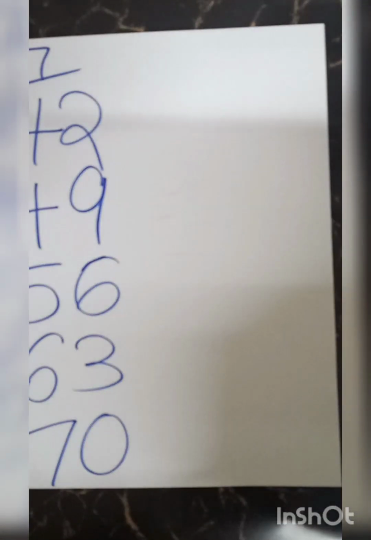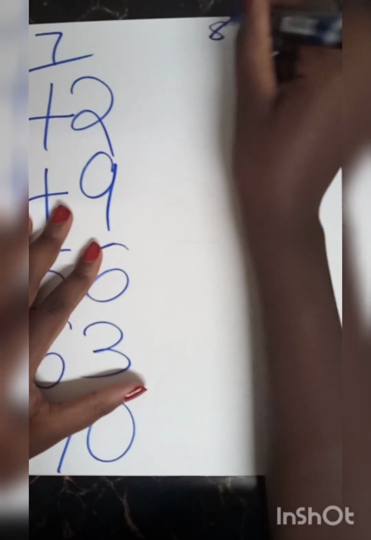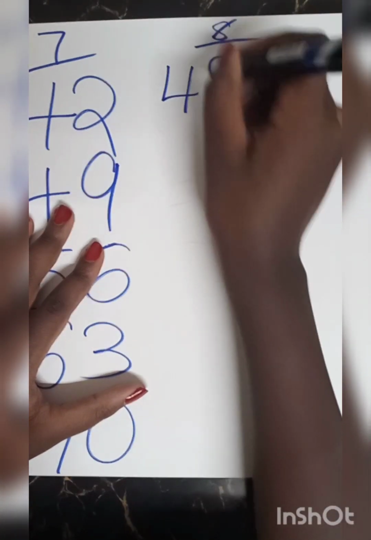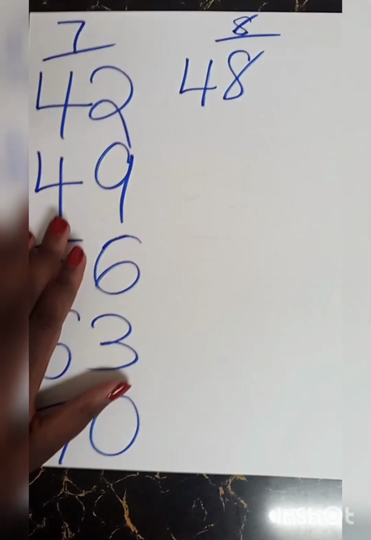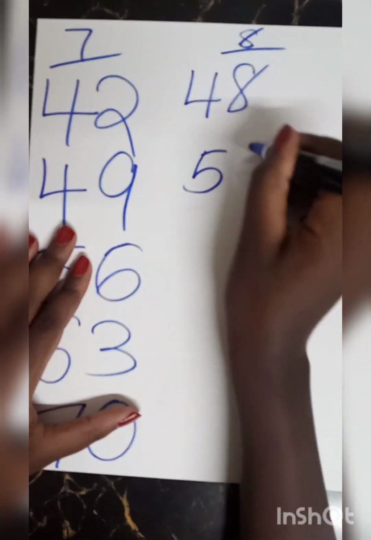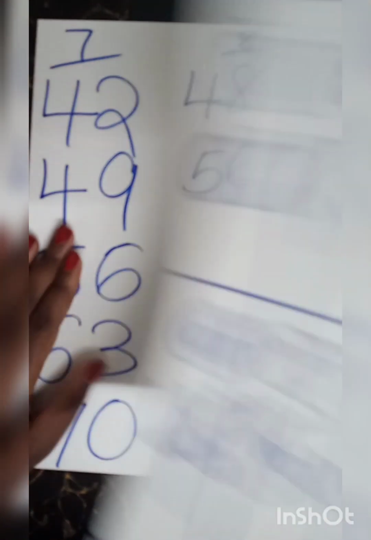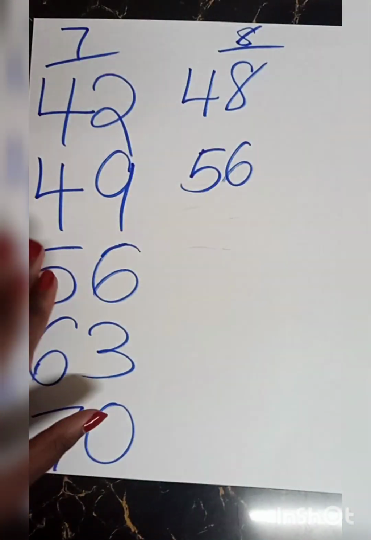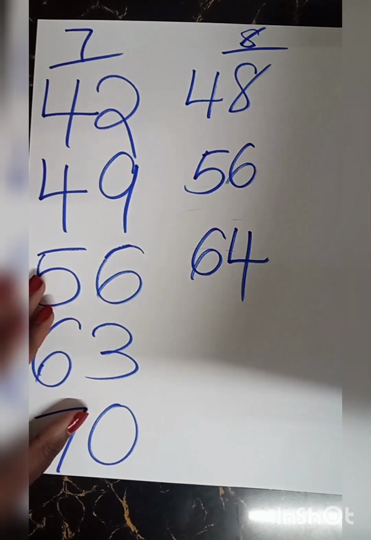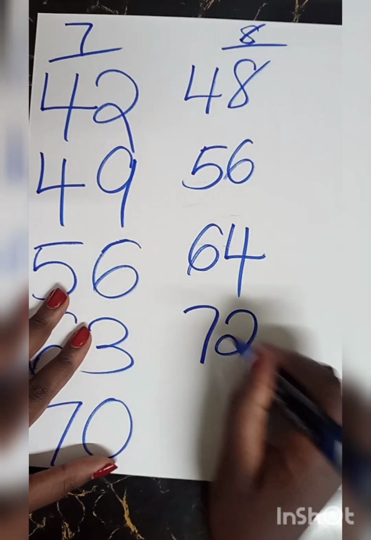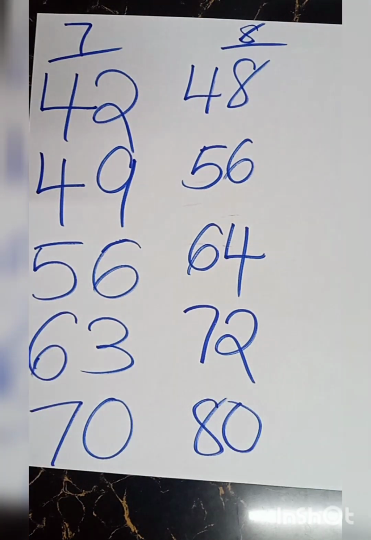Yes. 8 times 6 is 48. This is table 8. So 8 times 6 is 48. 8 times 7 is 56. 8 times 8 is 64. 8 times 9 is 72. And 8 times 10 is 80.